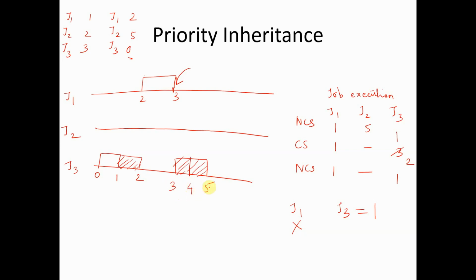Now J3's critical section is completed, and once it is done it will release that resource. Whatever priority was assigned to J3, that is the highest priority, goes back to the low priority. So it goes back to 3 once it releases the resource.